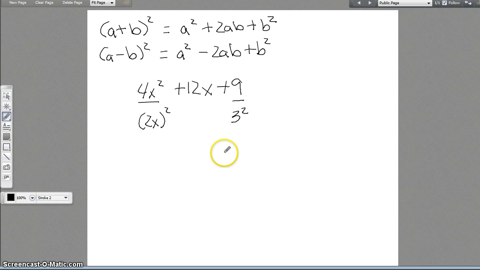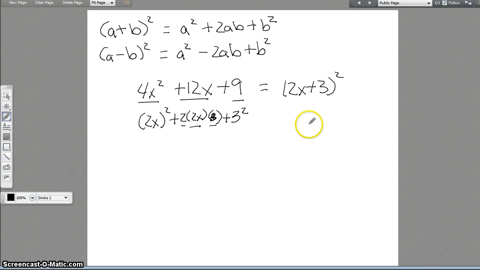If we can write this as the square of a binomial, then we should be able to write plus 2 times our first term times our second term, which is a 3, and that should be equal to the 12x. Let's see if it is. 2 times 2x is 4x times 3 is 12x. So that works, which means we can write 4x squared plus 12x plus 9 as 2x plus 3 quantity squared.